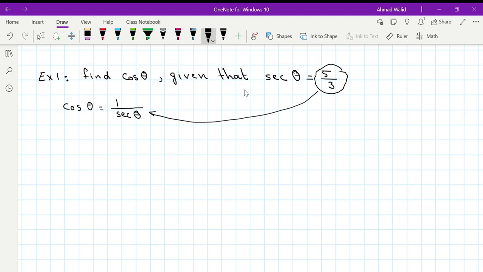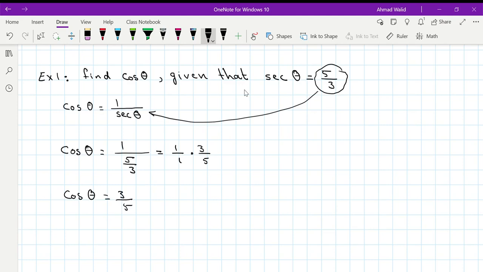Then I can say cosine theta equals 1 over 5 over 3. And we simplify this. It means 1 over 1 times 3 over 5, which gives me cosine theta equals 3 over 5. We are done.